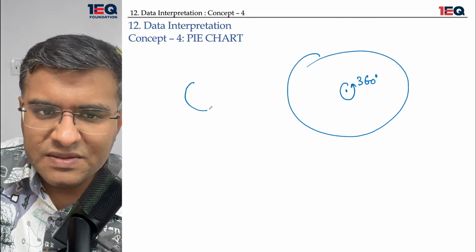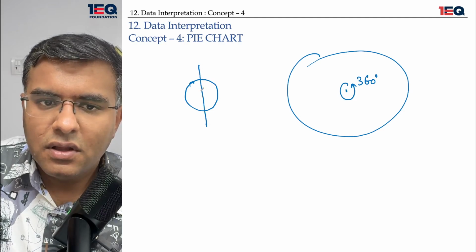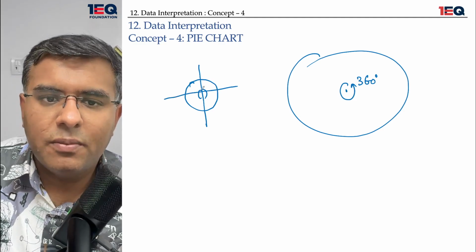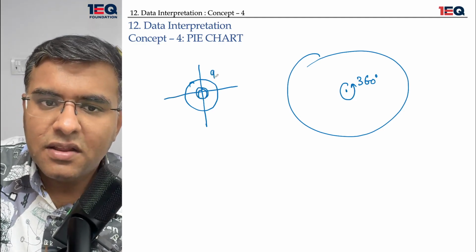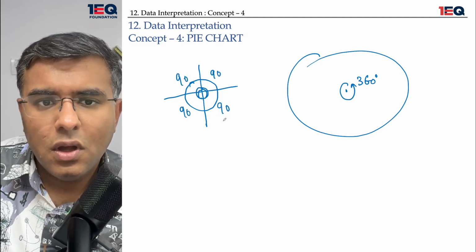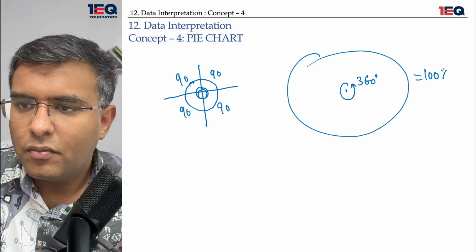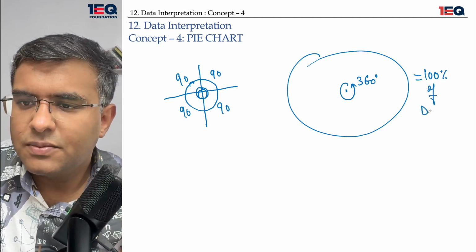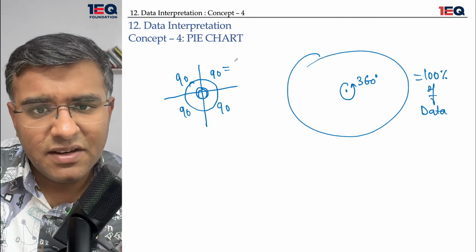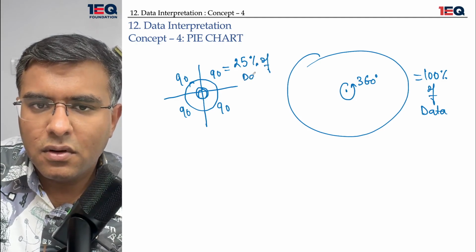Let's assume this pizza is cut in half. This means there are two angles of 180 degrees each. If they are cut in four equal parts, then we have four angles of 90 degrees each. And this corresponds to 100% of data. When I'm doing it in four equal parts, each and every portion corresponds to 25% of data.